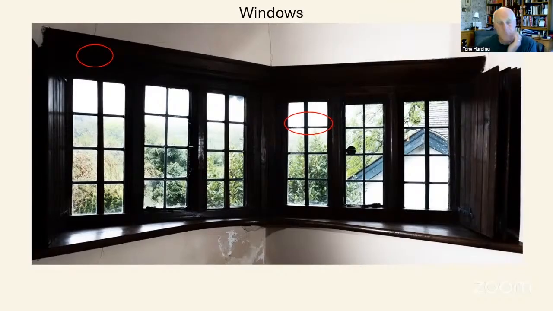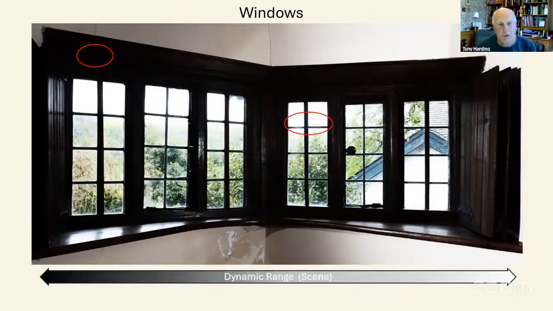And photography uses the same terminology as music and hi-fi and whatever. We talk about dynamic range. We say the scene's got a high dynamic range, a high range between the darkest shadows here and the brightest highlights there.